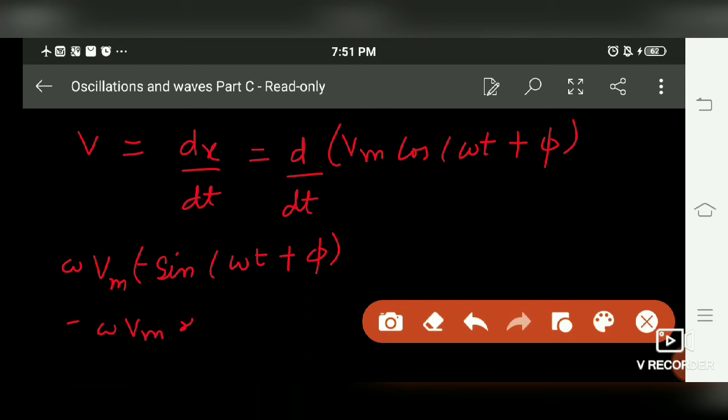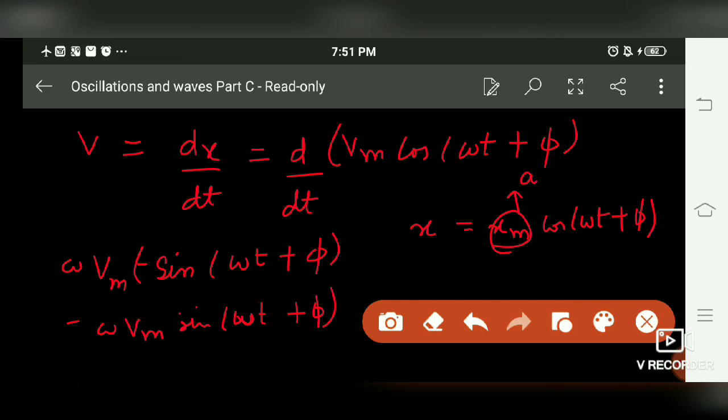Here, sine omega t plus phi, where we had x equals x m cos(omega t plus phi). We can also write this x m as a, or what we get from here, cos(omega t plus phi) equals x by a.